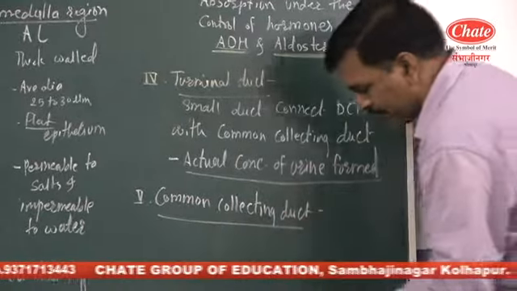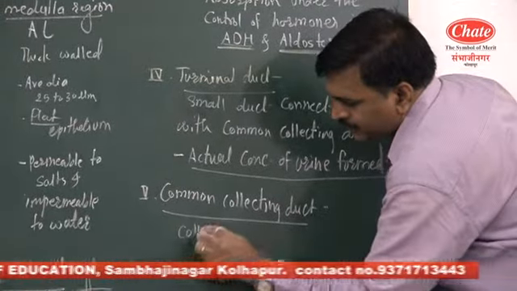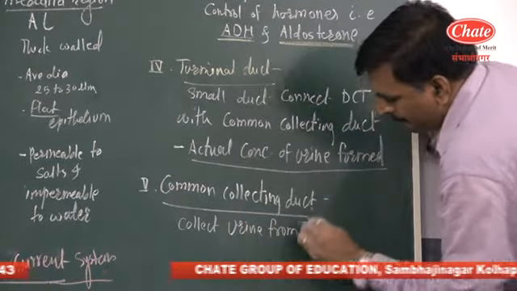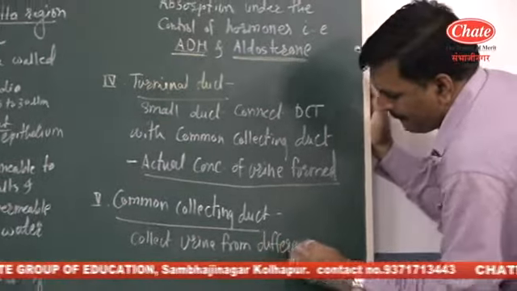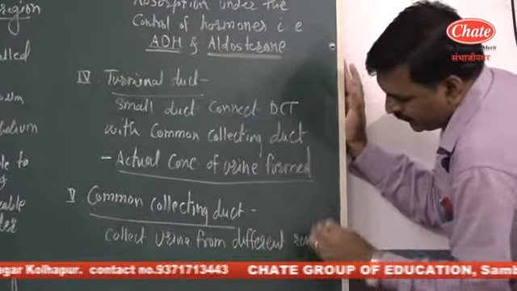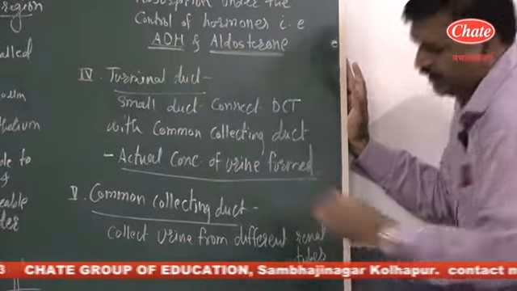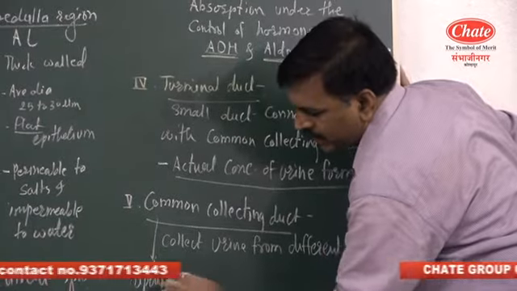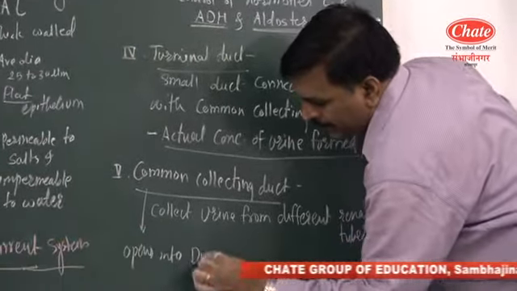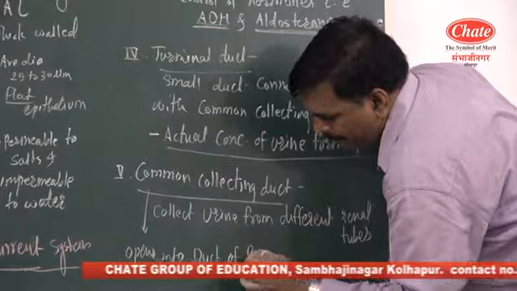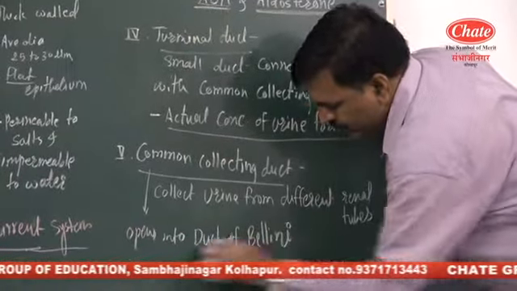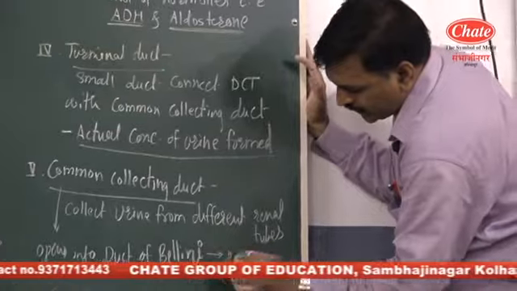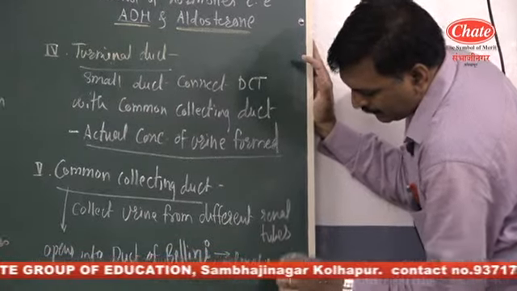This common collecting duct collects urine from different renal tubules, and this common collecting duct opens into the duct of Bellini. Duct of Bellini opens into renal papillae.